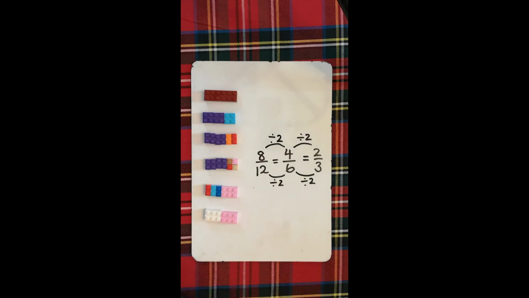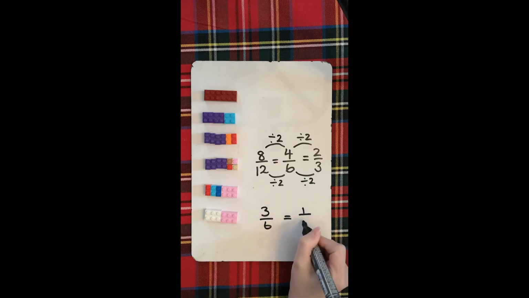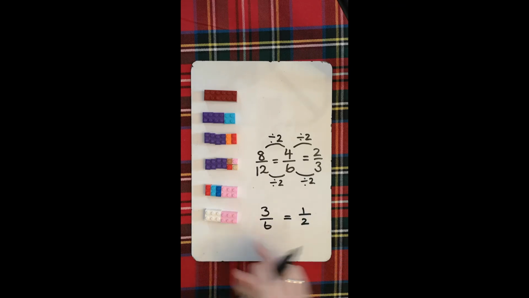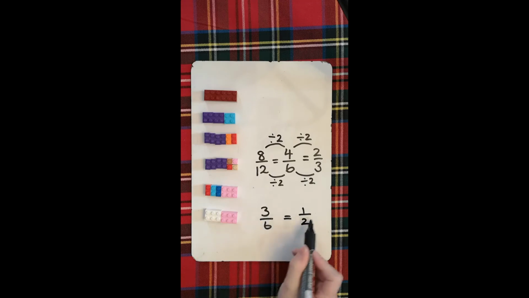Let's have a look at the pink area at the bottom here in the last 2 examples. So I can see that 3 of the sixths in this one are pink. Here I can see that 1 half is pink, 1 out of the 2. From looking at them we can see the same area, but we've written it in 2 different ways showing our equivalent fractions.